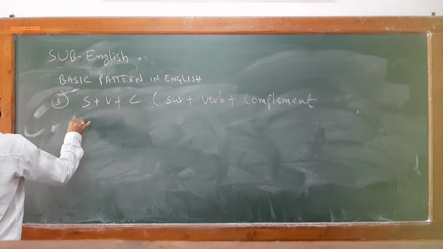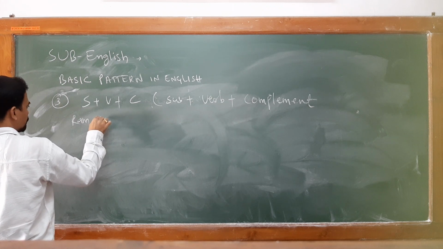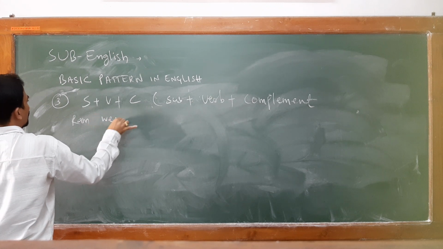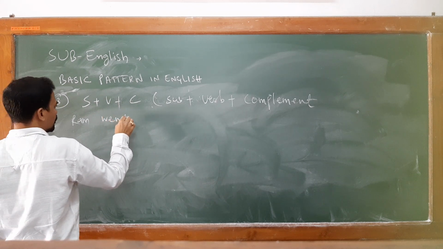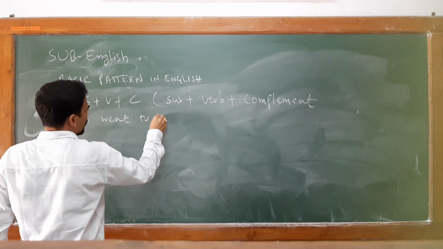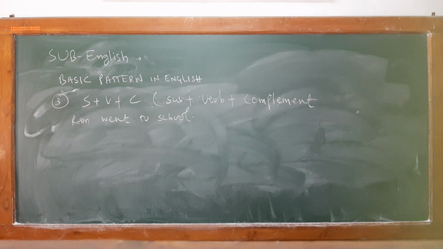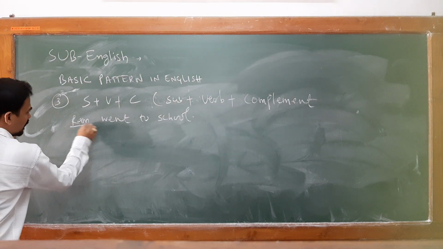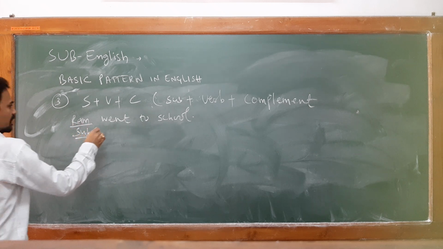So what is subject plus verb plus complement, you say? Now for example, if I just write: Ram went to school. So who did go to school? Ram. By using who you are getting your subject.